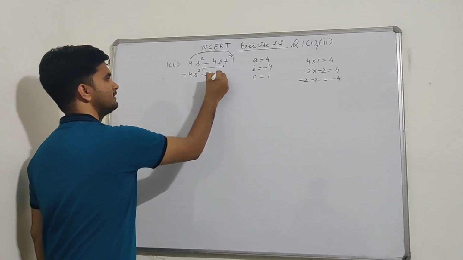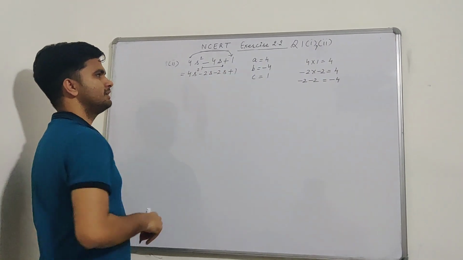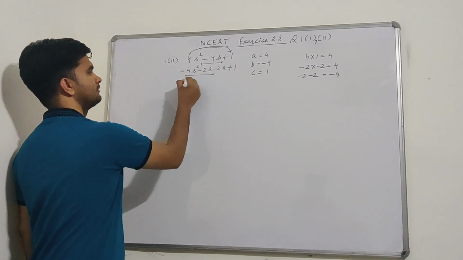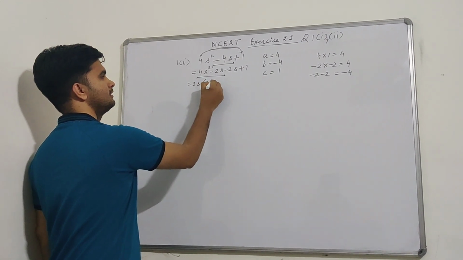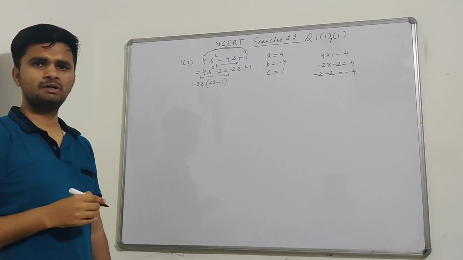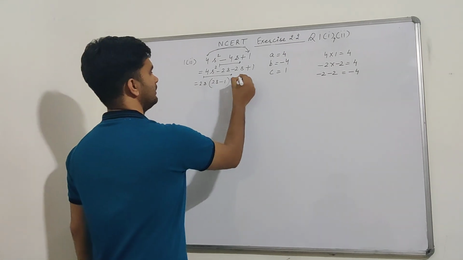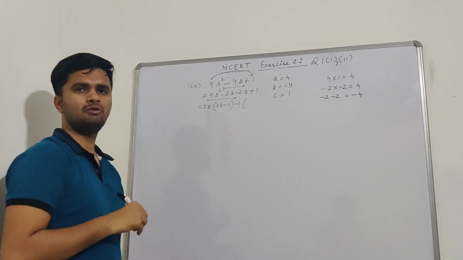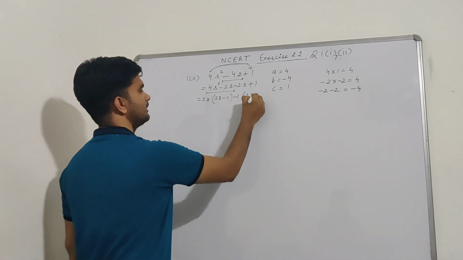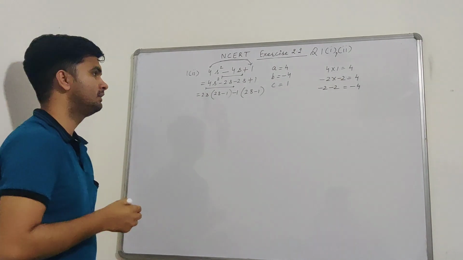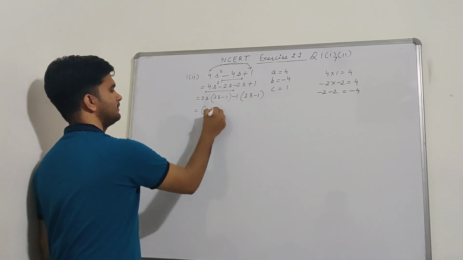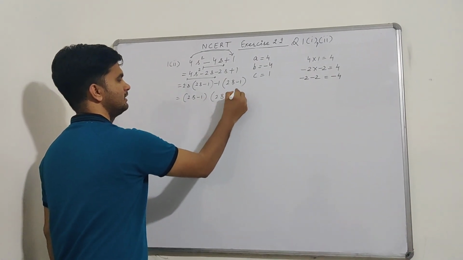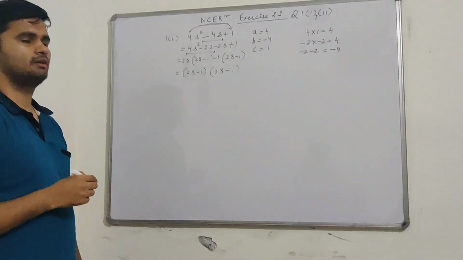4s square minus 2s minus 2s plus 1. Now common between the first two terms, 2s is common, so the remaining part here is 2s minus 1. Common between the last two, I can take minus 1 outside, it will become 2s minus 1. So here I can take 2s minus 1 as a common factor, and the remaining is 2s minus 1.